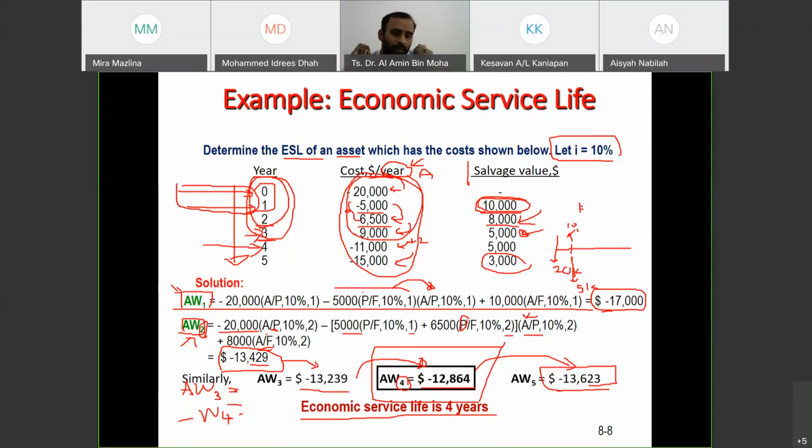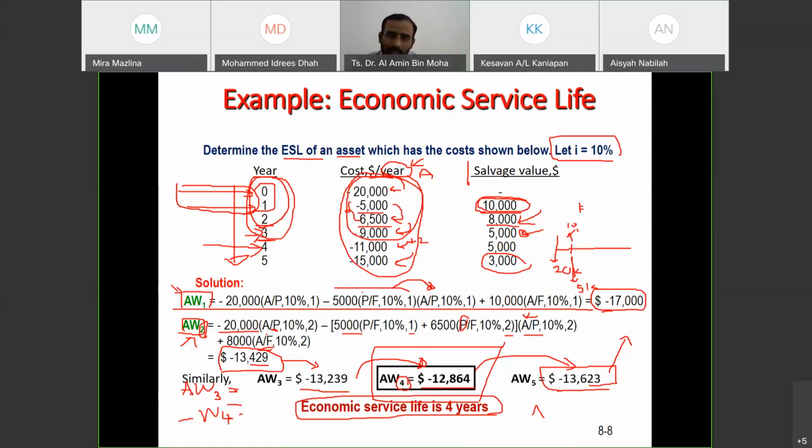Because the estimation is if you go to AW6, maybe the cost is going to go higher and higher. So we cut. Okay, so economic service life is 4 years based on this example. So I hope the concept is clear, everyone? Yes, clear.